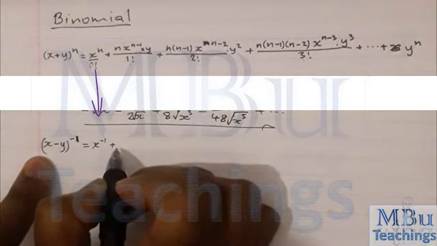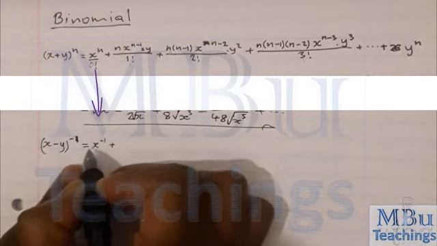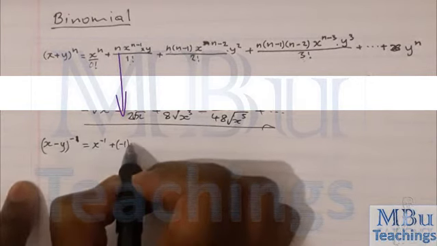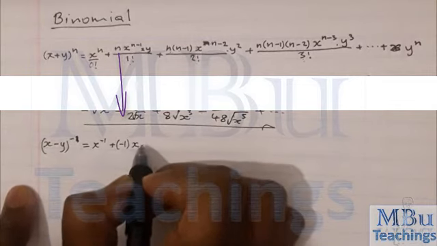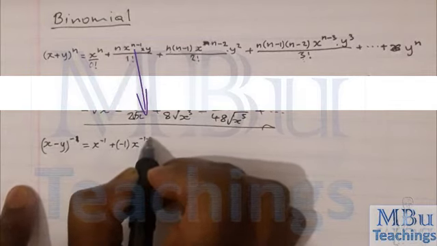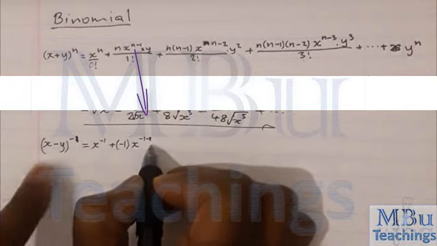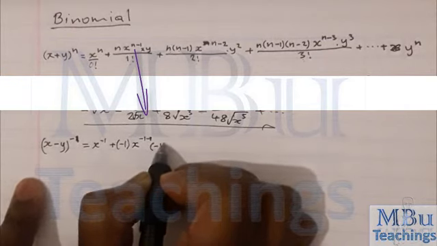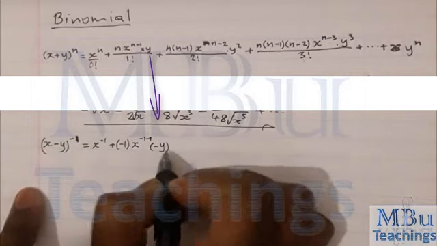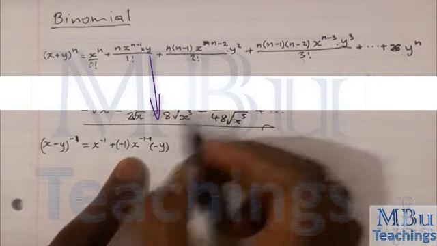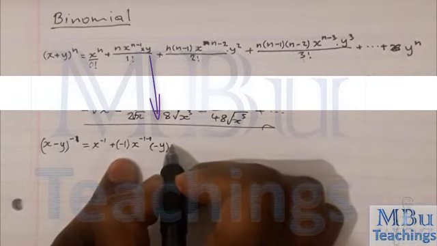Then the next one is plus, you multiply by that, so it's negative 1 into x minus 1 minus 1 times minus y. Okay, for this one, it's divided by 1 factorial, so you know 1 factorial is 1.